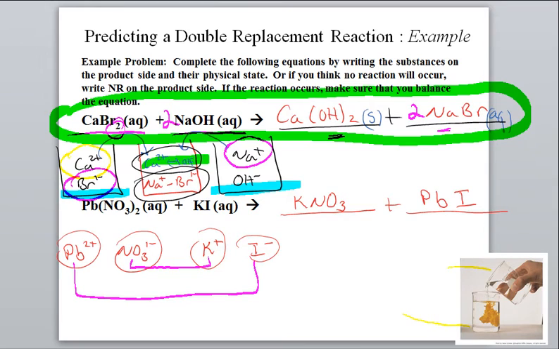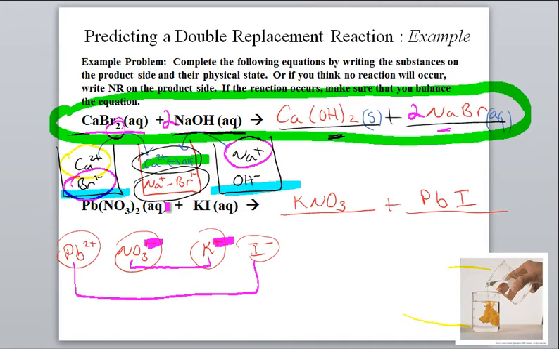So as far as writing the correct formulas of the products, shown on the right, two reactants, two products. I've grouped the cations and anions together, the lead and the iodide and the potassium and the nitrate. Potassium is a 1 plus ion, nitrate's a 1 negative, so a 1-to-1 ratio. So how it's written on the left-hand side, potassium nitrate.